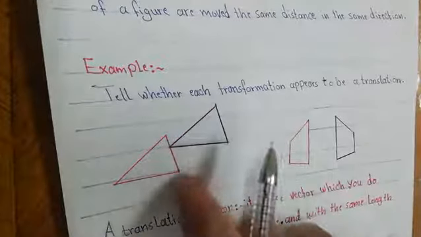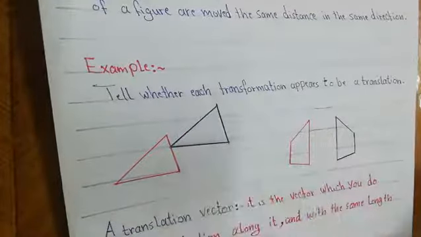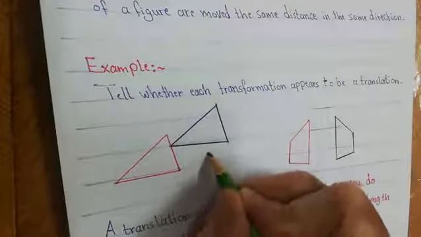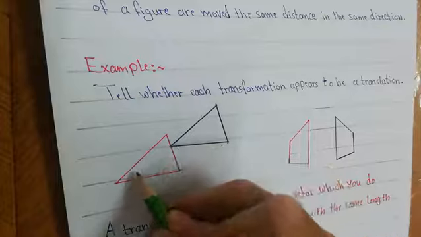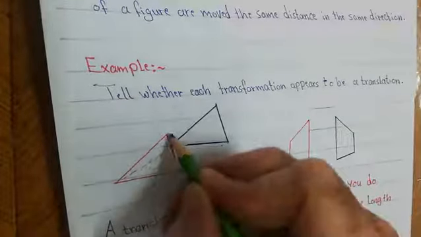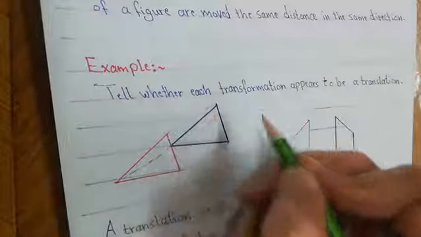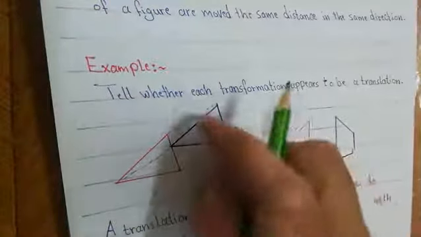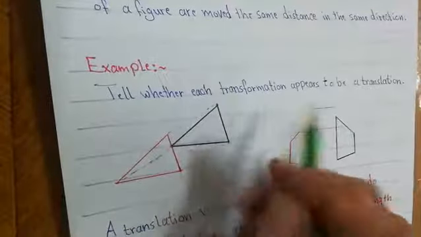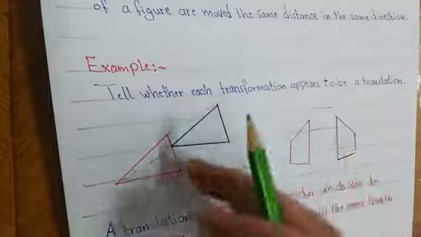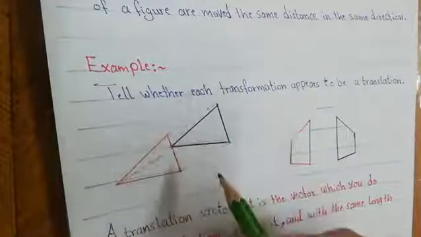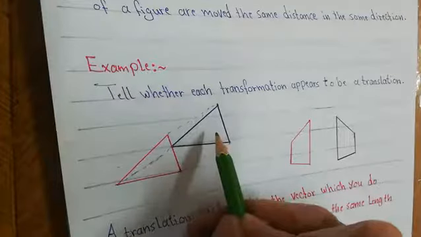If you draw these line segments, you will find all of them are parallel to each other and they have the same length. That means this is a translation, this is the image and this is the pre-image, or vice versa.